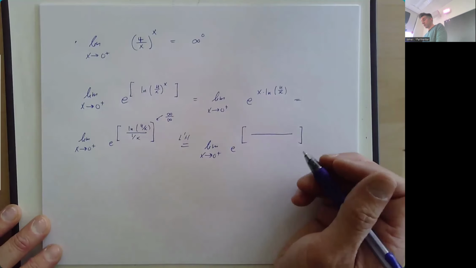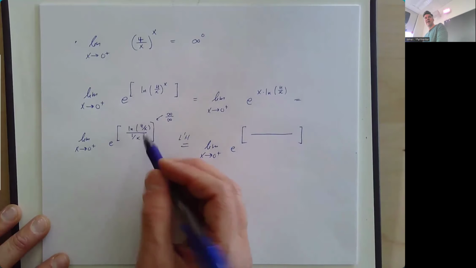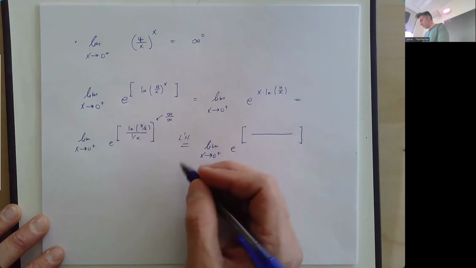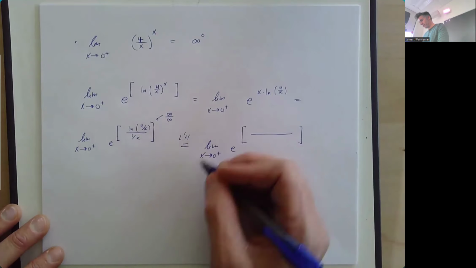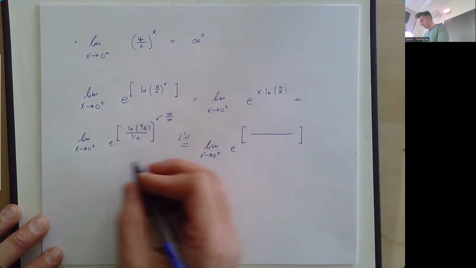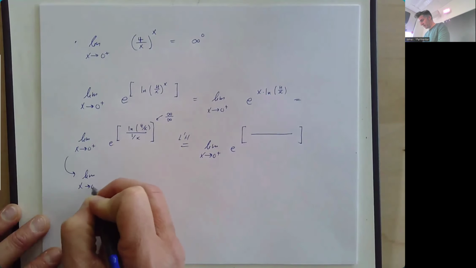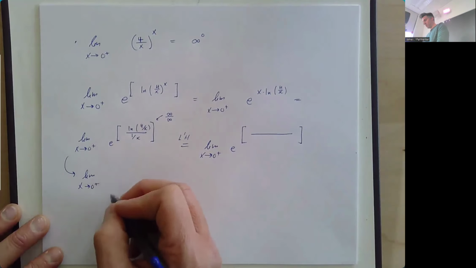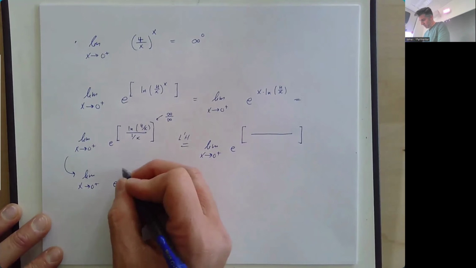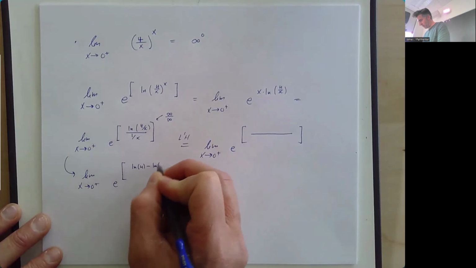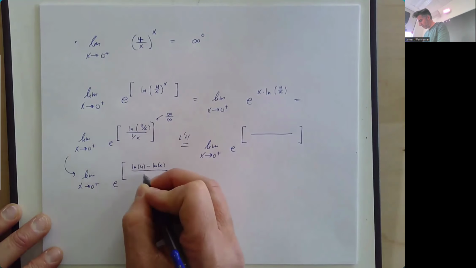What I should do, instead of using the natural log of 4 over x, is use a logarithm rule. So before I use L'Hopital's rule, I'm going to come back to it. I could write this as the natural log of 4 minus the natural log of x, all over 1 over x.